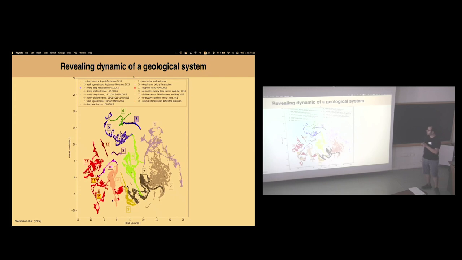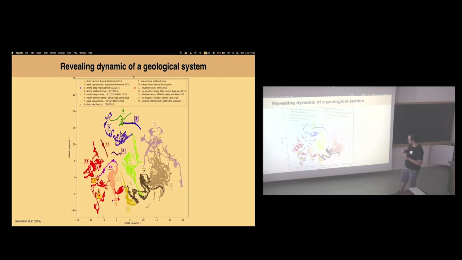And the interesting thing is this figure, which shows the dynamics of the volcano for the station near to the volcano. So basically, it starts from here. Here is August 2015, where first of all we have some deep tremor in the data.